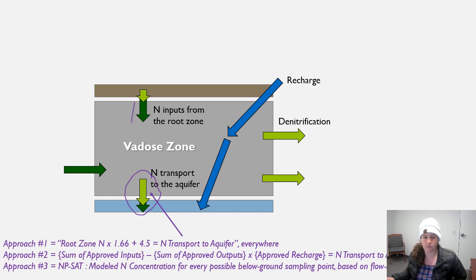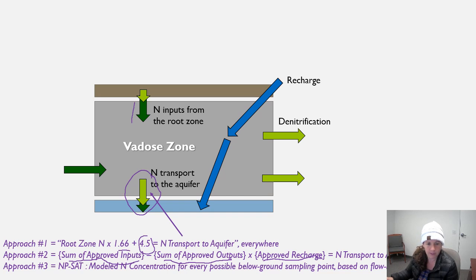In another approach, we could make it a little more generic and say that it's going to be the sum of the approved inputs, which is analogous to that root zone nitrogen net, then minus the sum of the approved outputs. In Ag Order 4.0, the only approved output is 4.5 for the vadose zone, and multiply that by approved recharge. So it'd be some number other than 1.66. And then that would equal nitrogen transport to the aquifer.